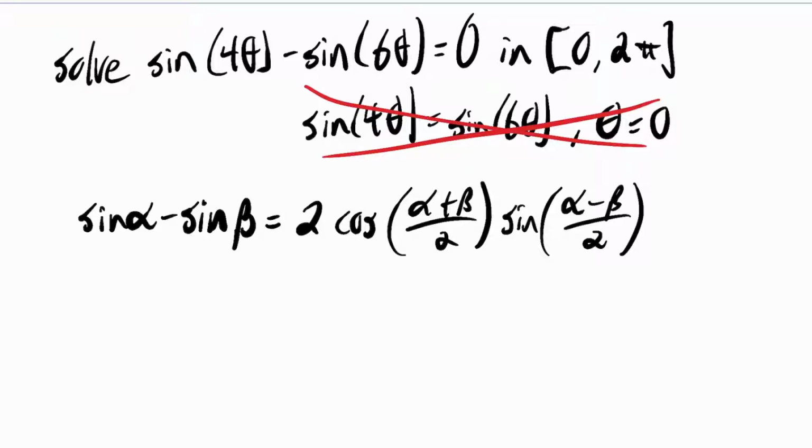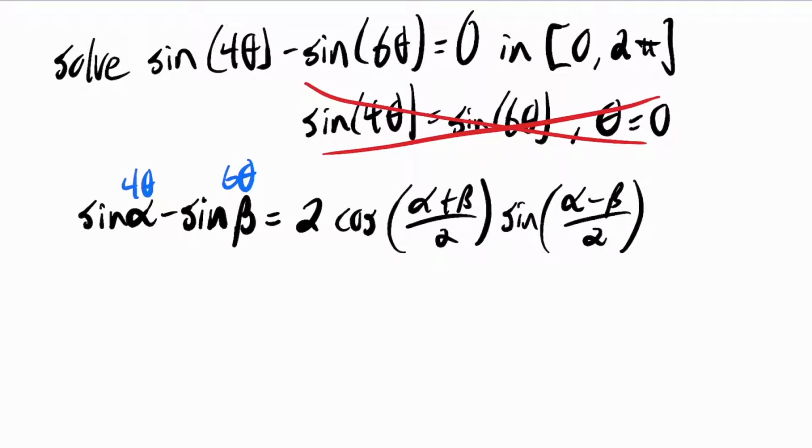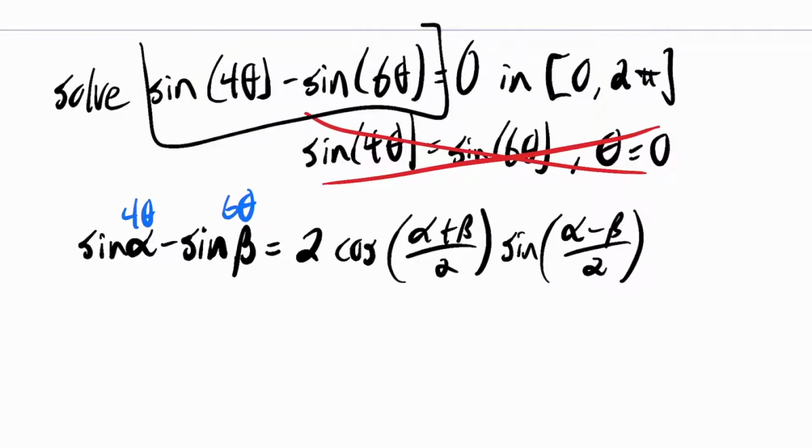And in this case, alpha is 4 theta and beta is 6 theta. Okay? So I'm going to replace this left-hand side with 2 cosine of alpha plus beta over 2, which I'll work out in terms of theta, times sine of alpha minus beta over 2, which again I'll work out in terms of theta, equals 0.